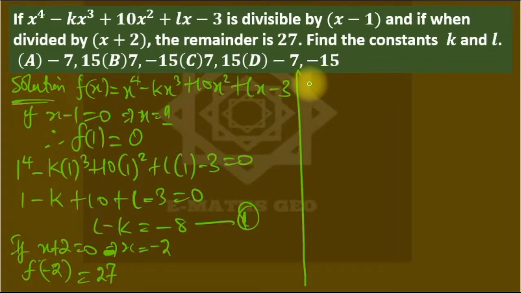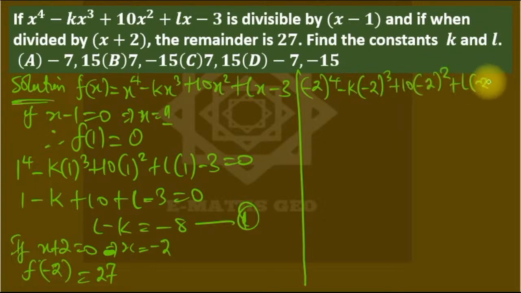So I have minus 2 raised to power 4 minus k times minus 2 raised to power 3 plus 10 times minus 2 squared plus l times minus 2 minus 3 must give us 27.